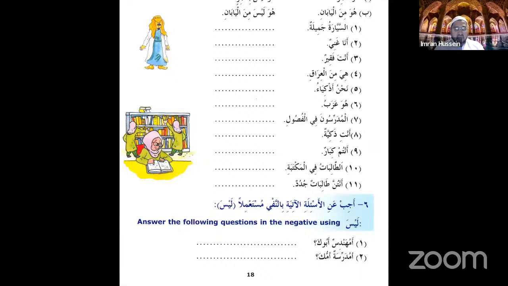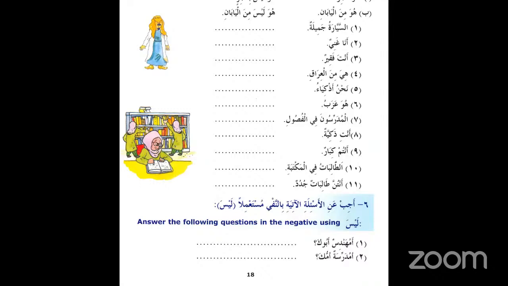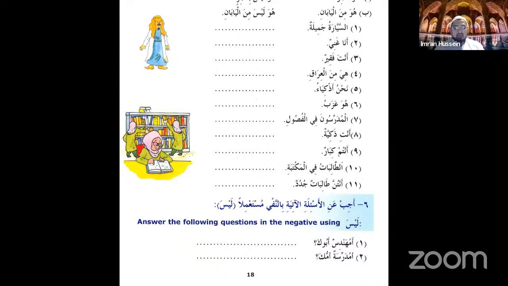So we will say antunna lastunna talibatin. Excellent. Judud is a standard noun, so it gets a fatha tanween. Jududan. Yes. So antunna talibatin jududan.